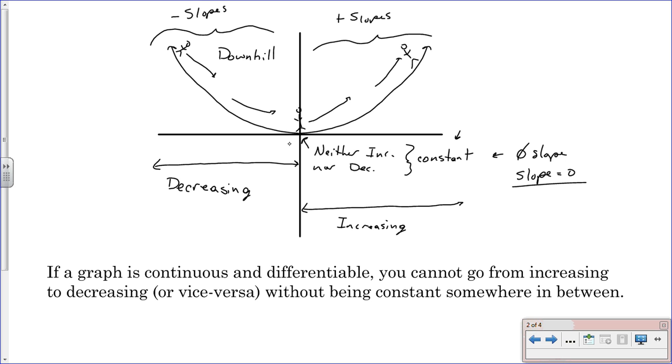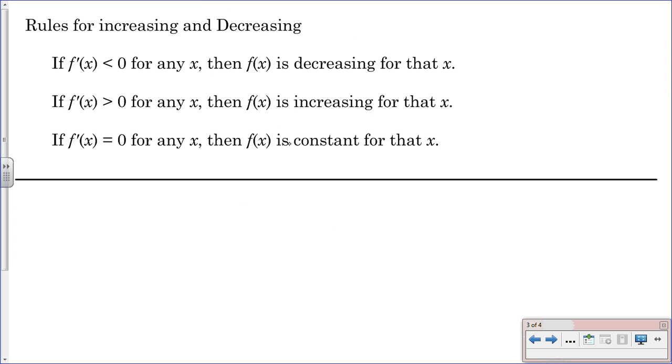Now here are your rules for increasing and decreasing. If f prime of x is less than 0 for any x value, then f of x is decreasing for that x.